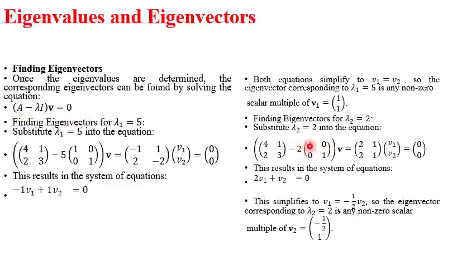So the 2 multiplied by 2, 1 will give us 2 here and 2 here. Of course, this will remain 0, 0. So 4 minus 2 will give us 2, 1 minus 0 will give us 1, 2 minus 0 will give us 2, and 3 minus 2 will give us 1. So we can also write it in this form.